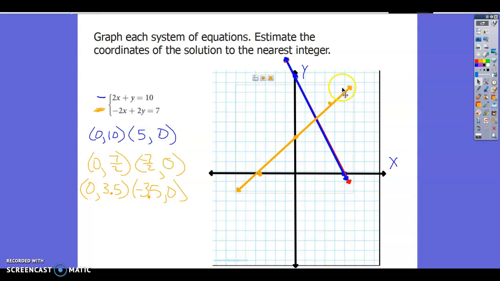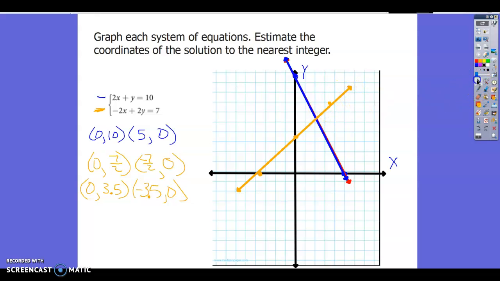I can't move it very well, but I thought I'd be able to move it a little bit. But what we need to do is just kind of see where the intersection would be. So it says to the nearest integer, okay? So if we go over 1, 2, 1, 2, 3, 4, 5, probably a little closer to here. It looks like my line.